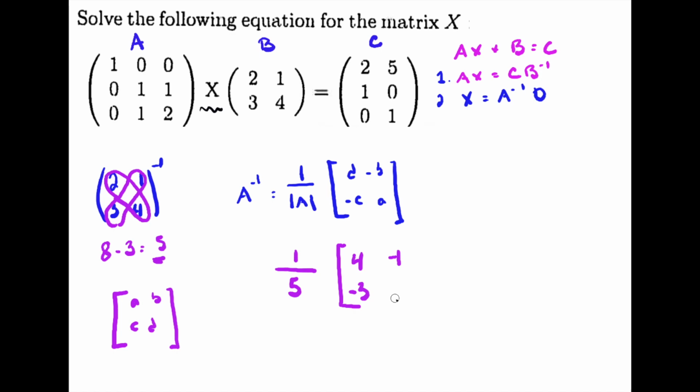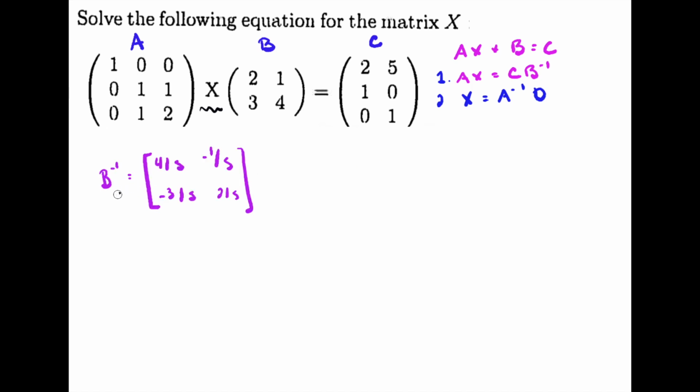And the top left becomes the bottom right. So if we do 1 over 5 times this matrix here, we get 4 out of 5, negative 1 out of 5, negative 3 out of 5, and 2 out of 5. So the inverse of B is this 2 by 2 matrix here.